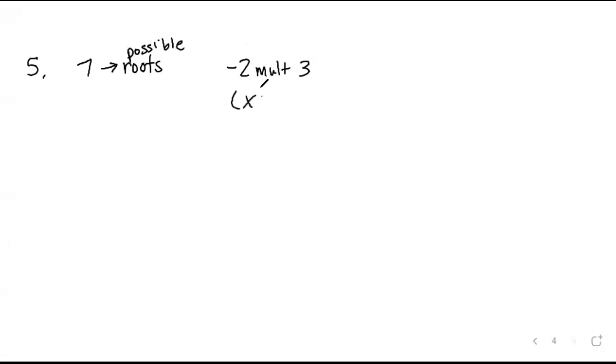What that looks like is x plus 2 raised to the what? Third power, right? Then it tells me that 0 is a root with a multiplicity of 3. So that looks like x minus 0 to the third power.